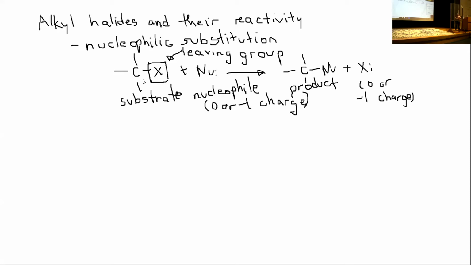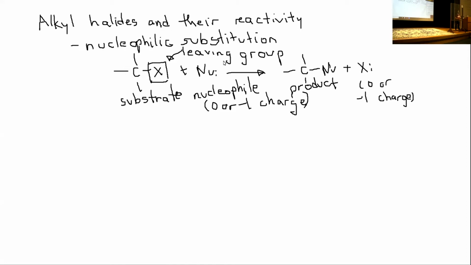Of those, probably more so bromine and iodine than chlorine or fluorine, though alkyl chlorides will react. Alkyl fluorides can, but they're a little more difficult because the carbon-fluorine bond is pretty strong. So in general, the larger the halogen, the better in terms of this type of reactivity. And these groups X that are attached here, we call them the leaving group.